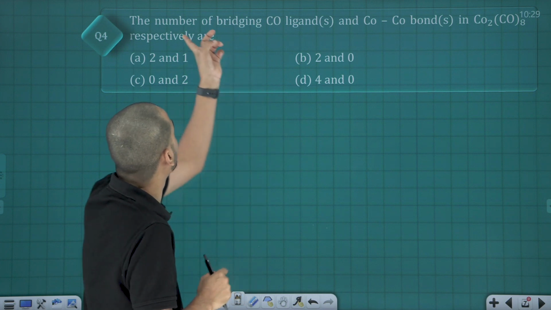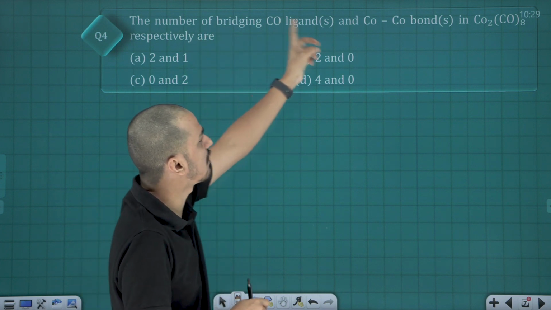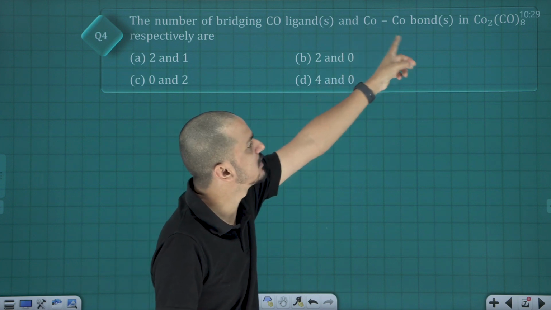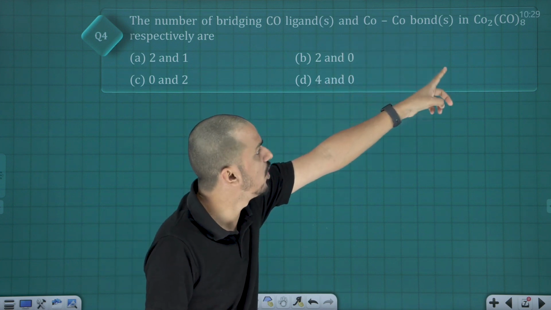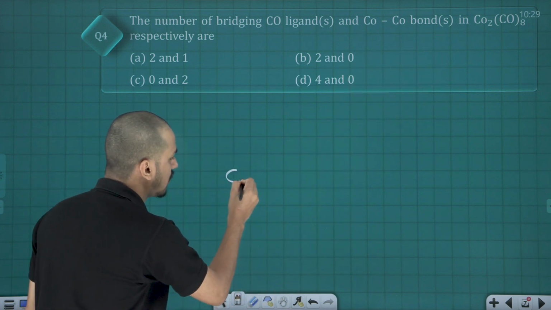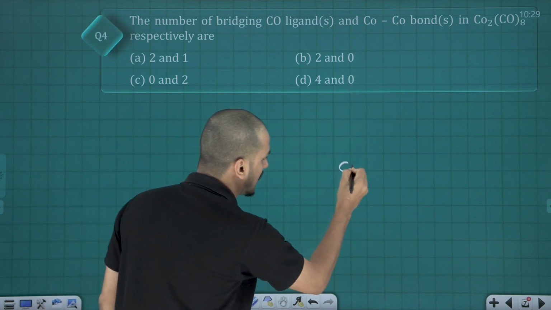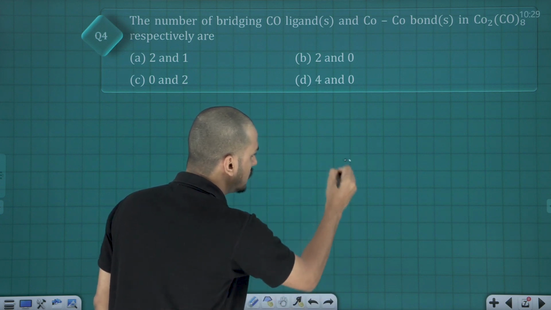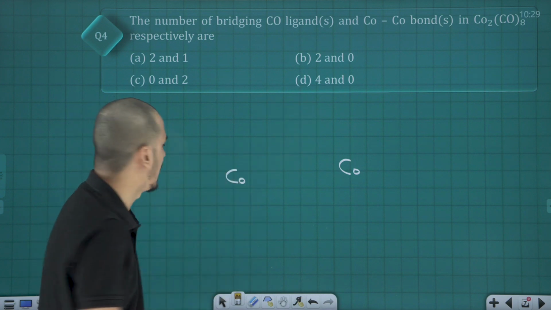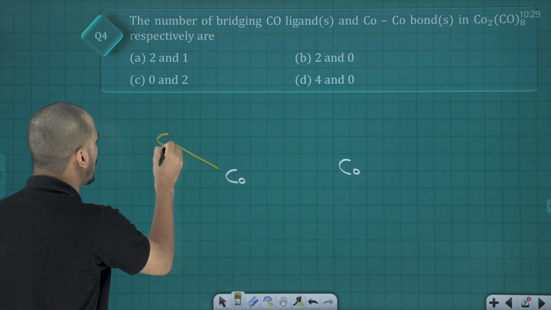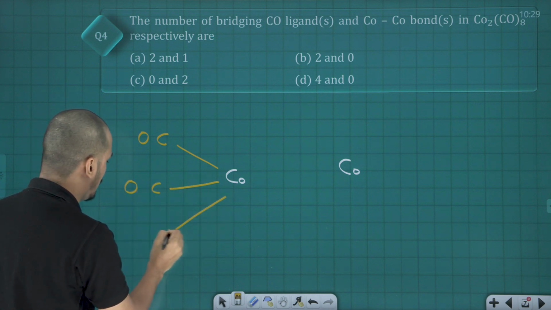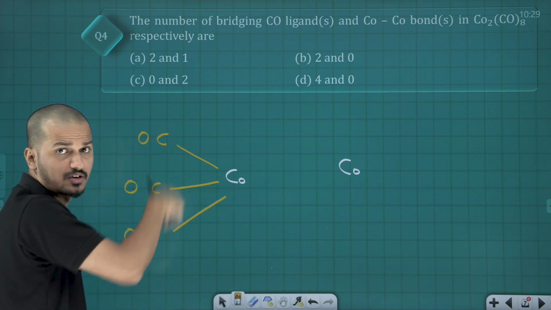Okay, so see here, the number of bridging carbon monoxide ligands and cobalt bonds in Co2(CO)8. So that means 2 cobalts are there along with how many carbon monoxide? 8 carbon monoxide. 1 carbon monoxide is this one, C triple bond O, another C triple bond O, another C triple bond O. 3 CO are there.